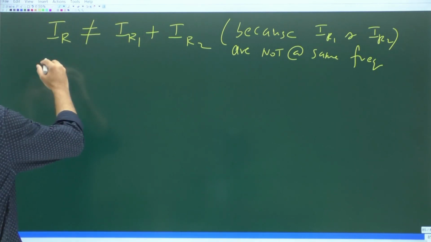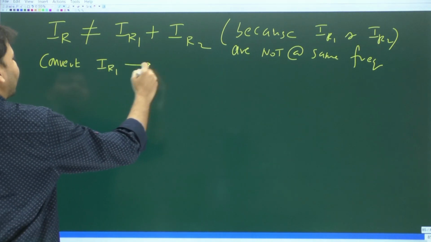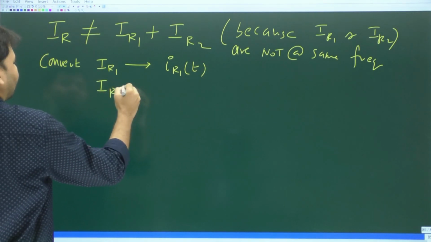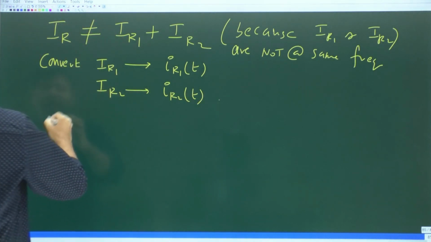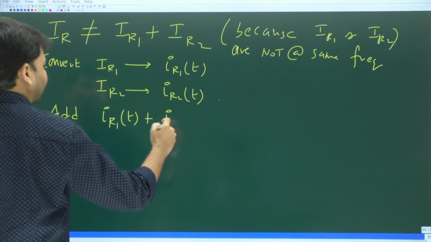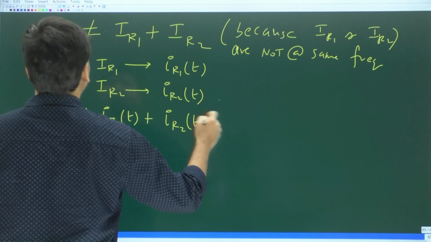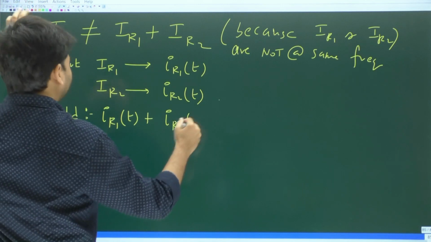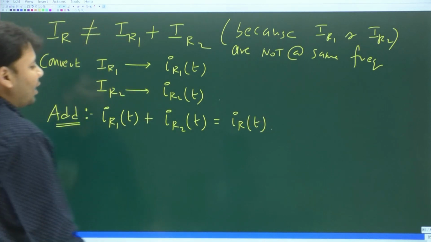So convert IR1 into small IR1 of t, and also IR2 into small IR2 of t, and then you add small IR1 of t and small IR2 of t, so that you will get the net current flowing through the 10 ohm resistor.